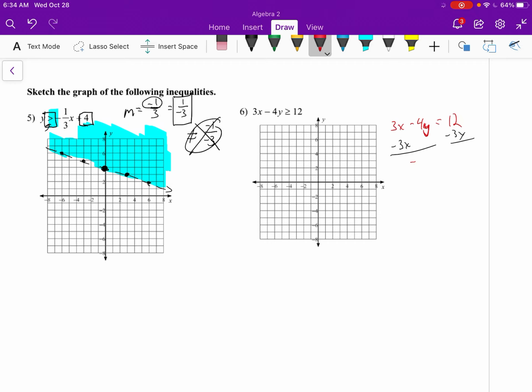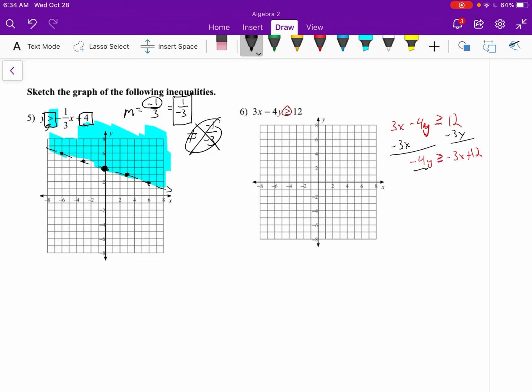And we get -4y equals -3x plus 12. And dividing both sides by -4. Actually, I made a mistake here. This is not equals, this is greater than or equal to. So greater than or equal to.